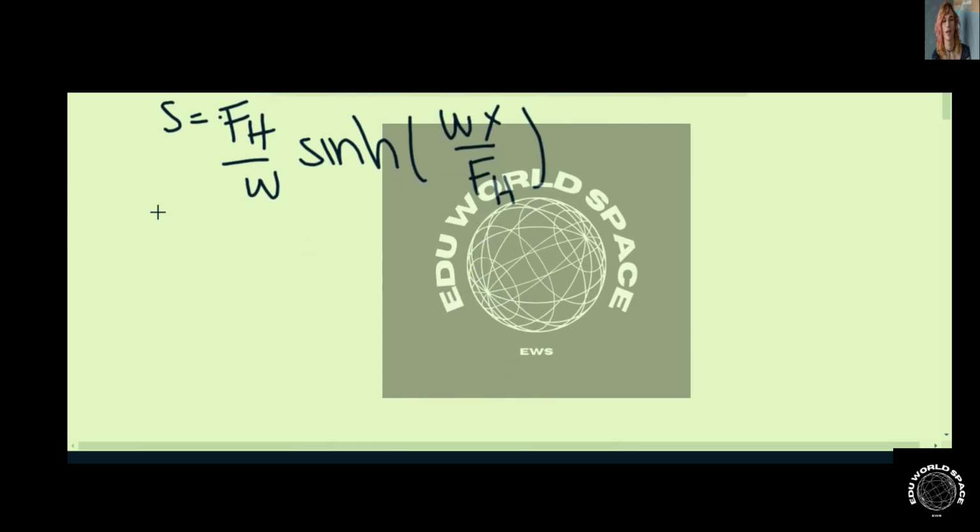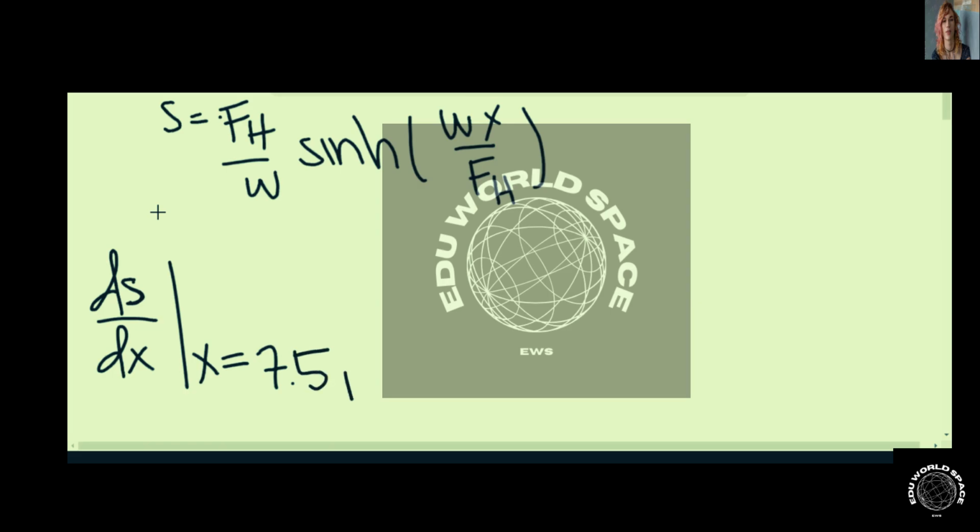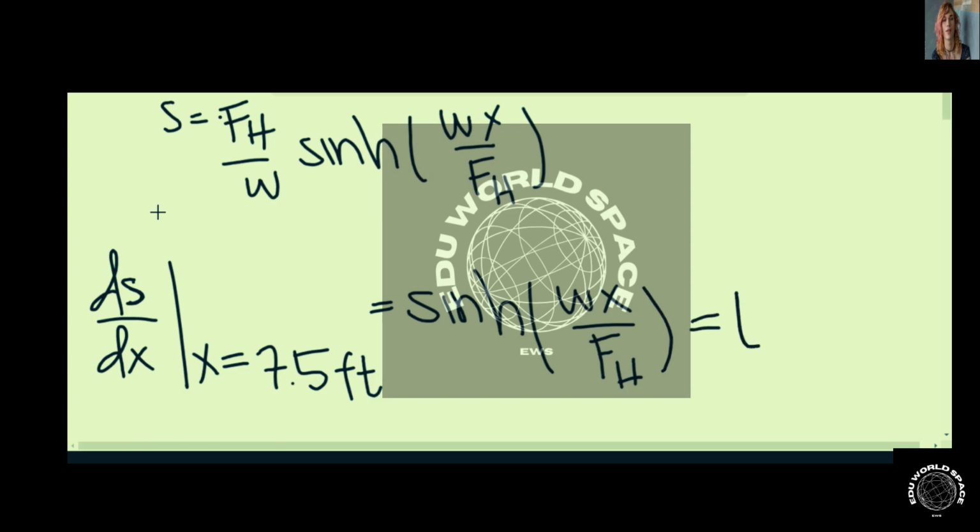So when we do that, we get that ds over dx, which will be evaluated when x equals 7.5 feet, equals the hyperbolic sine of wx over f sub h, which also equals tangent theta.